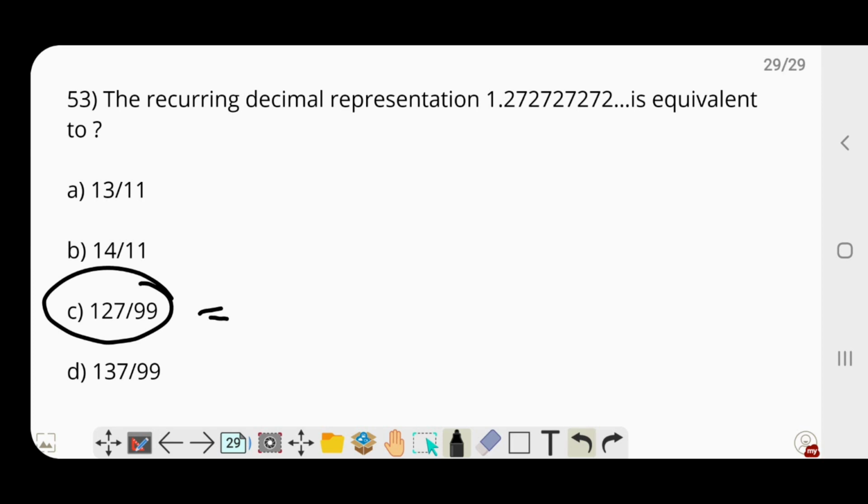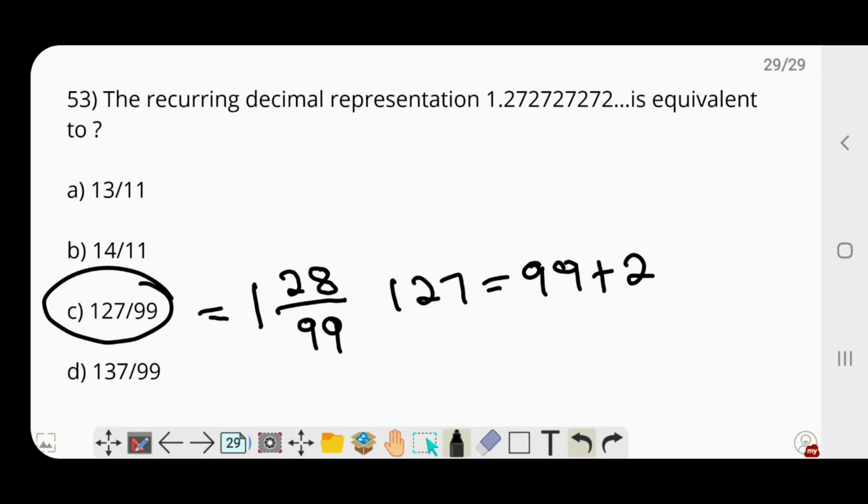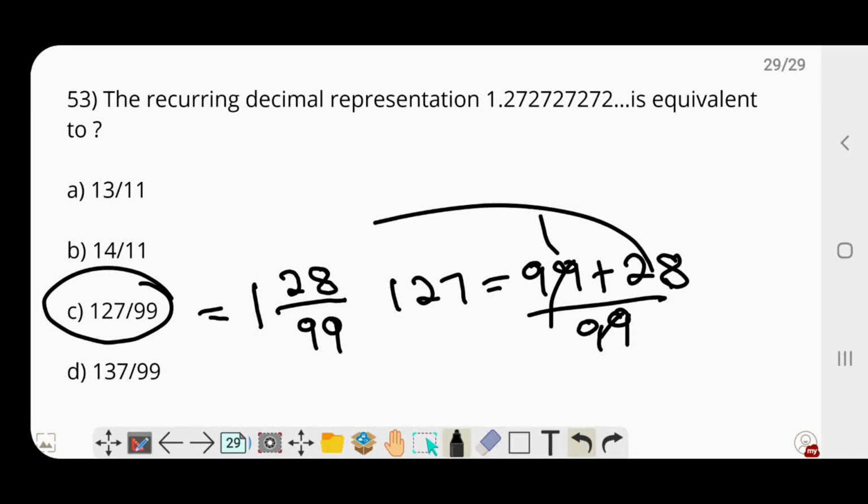So we can represent it as 128 by 99, right? Because 127 is nothing but 99 plus 28 by 99. So this becomes 1 and this becomes 28 by 99.